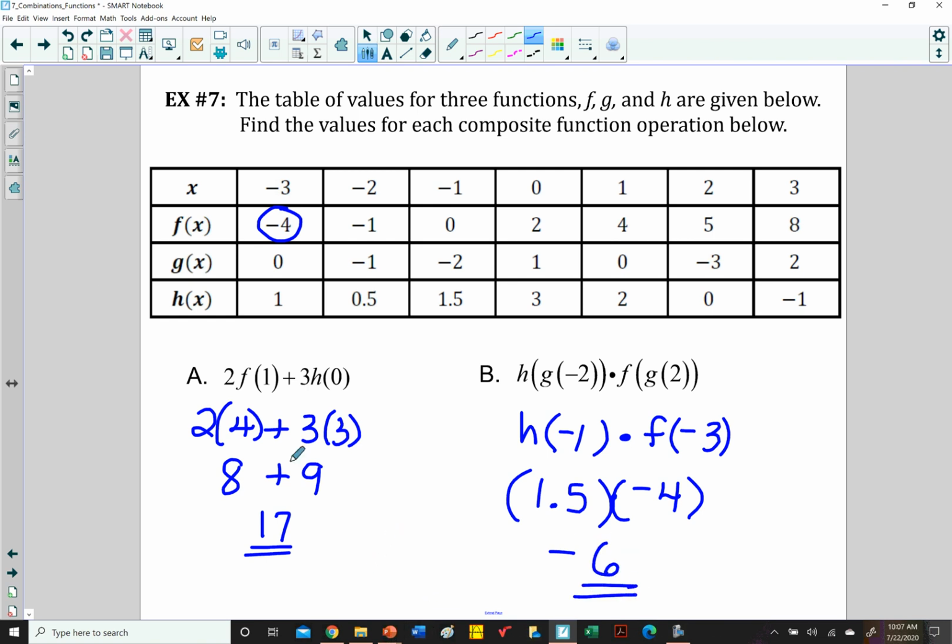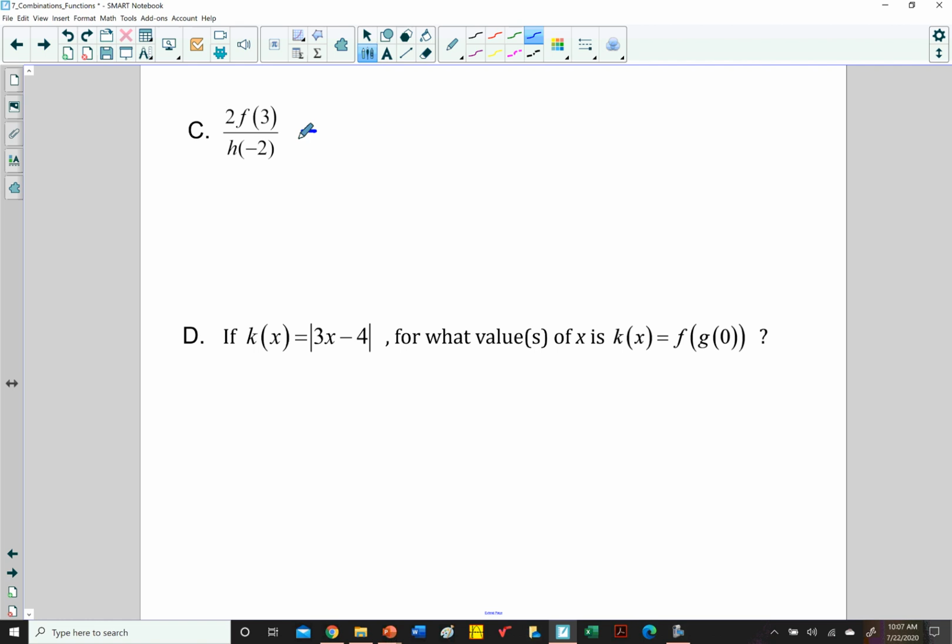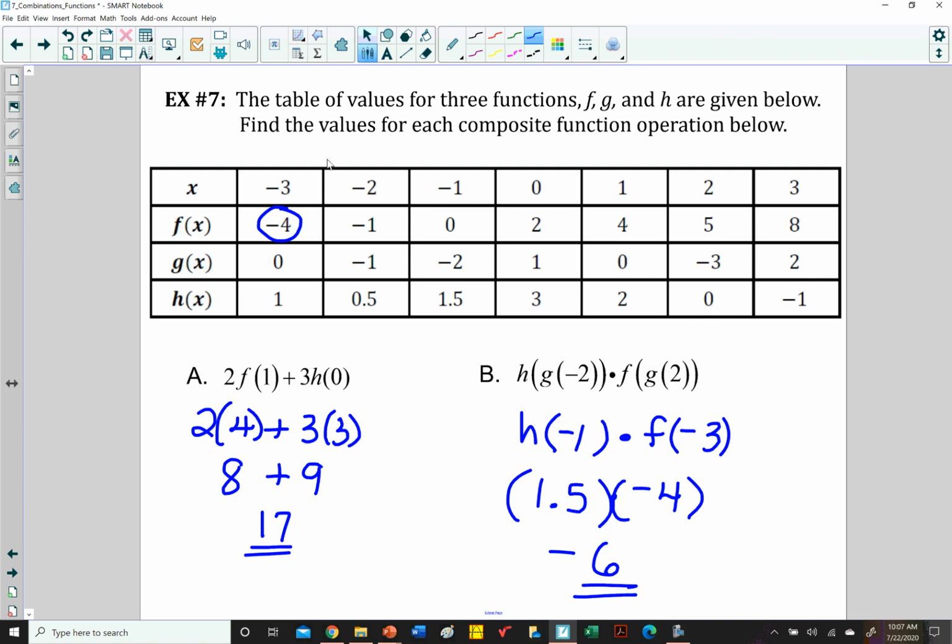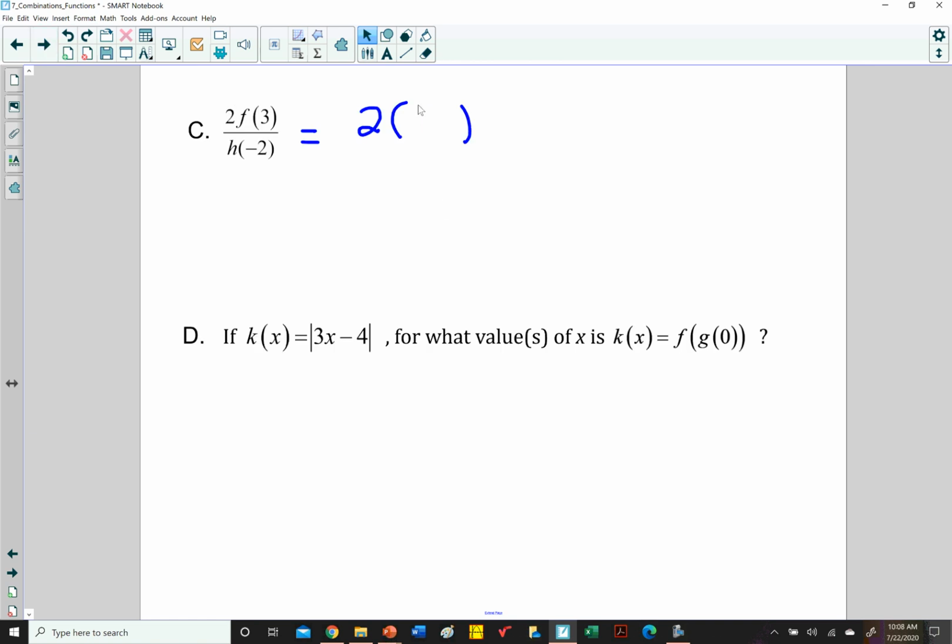And then on C, we need to look at the table. So 2f of 3, 2 times the f of 3. Going back to the table, when x is 3, the f of 3 is 8. So 2 times 8 gives us 16.